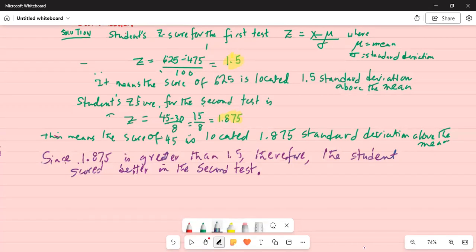In the first test, the student's score is 1.5 standard deviation above the mean. For the second test, the student score is 1.875 standard deviation above the mean for that test. That means in terms of Z-scores, the student did a better job in the second test than in the first test. I will stop here today.